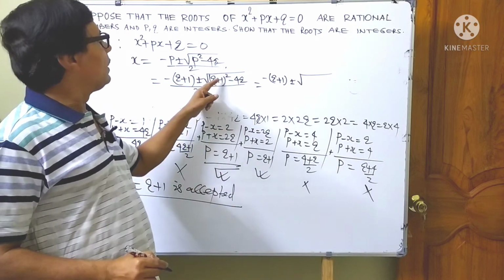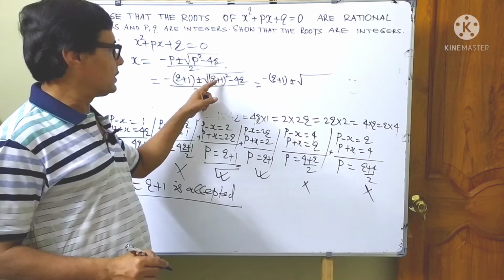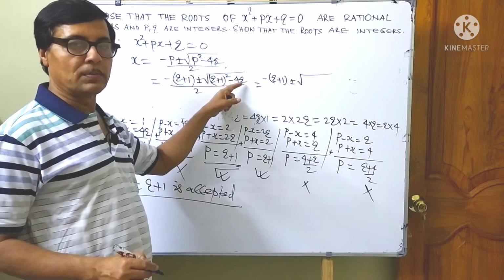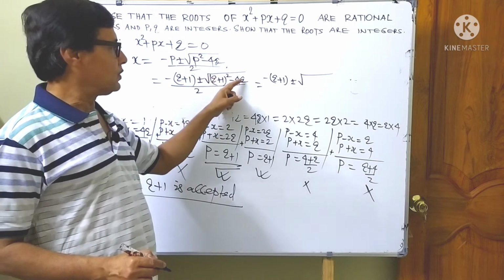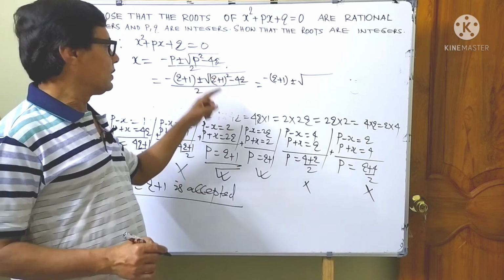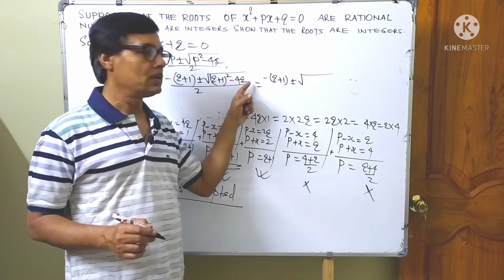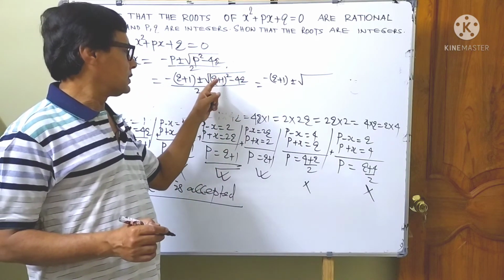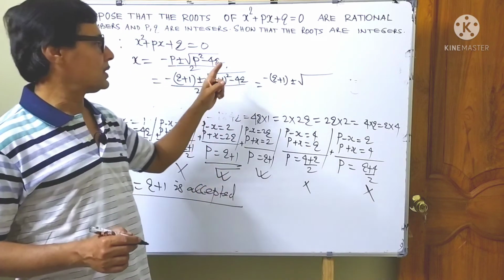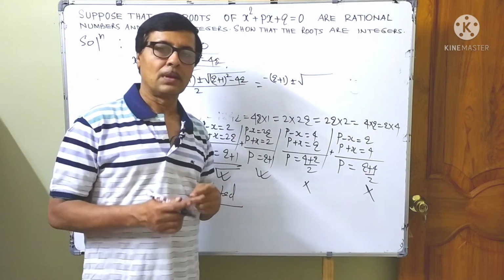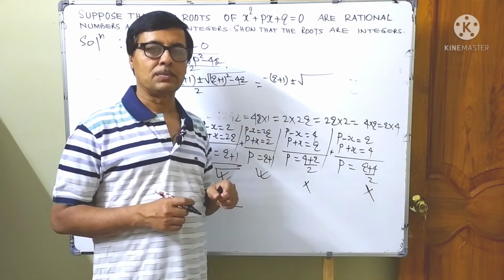Because this is an algebraic formula, we can apply it: (a plus b) whole squared minus 4ab, where a means q and b is 1, so 4q multiplied by 1. The algebraic identity says (a plus b) whole squared minus 4ab is equal to (a minus b) whole squared.